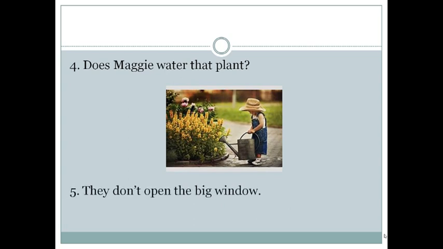Number 5. They don't open the big window.